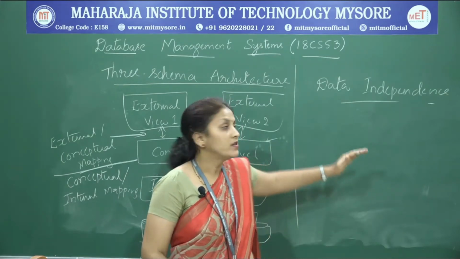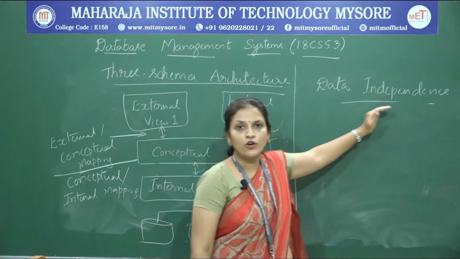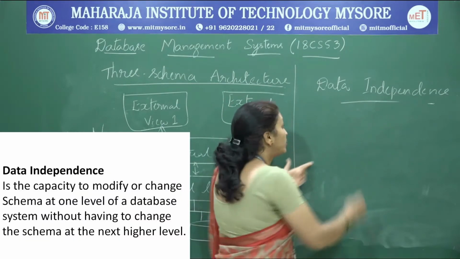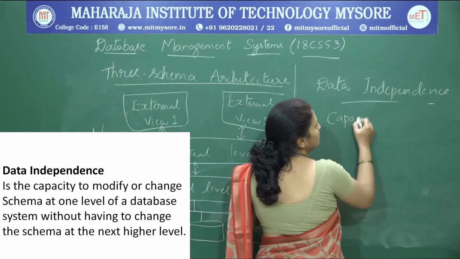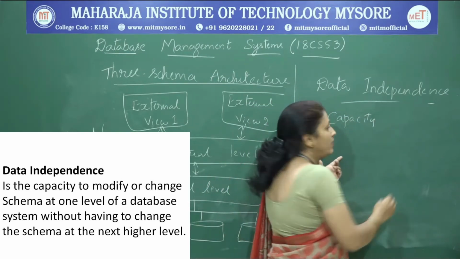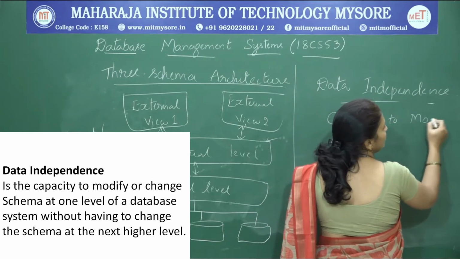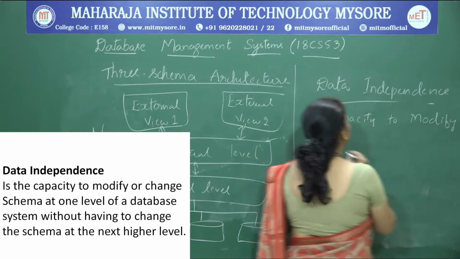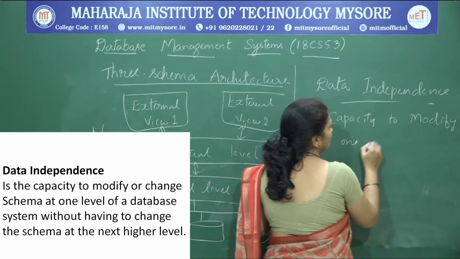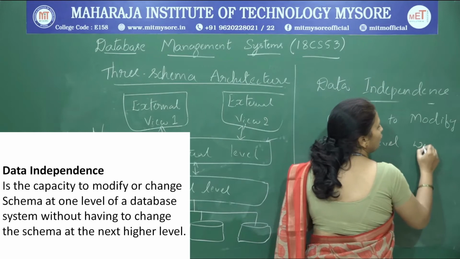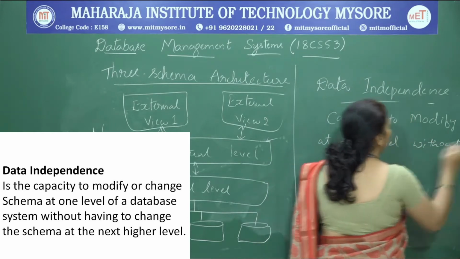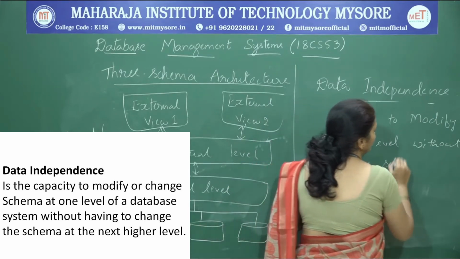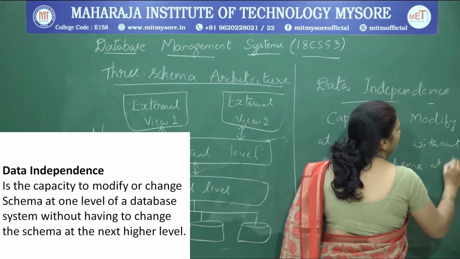The next concept is data independence. What do we mean by data independence? Data independence is the capacity to modify schema at one level without affecting schema at a higher level.